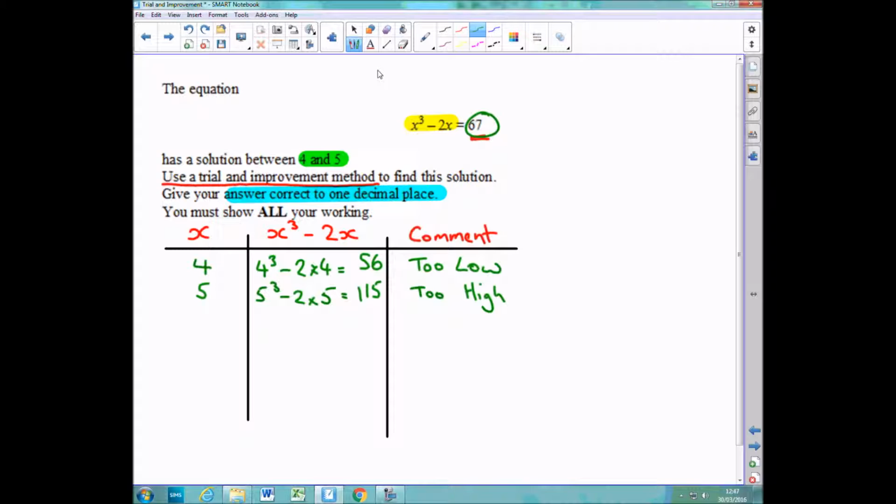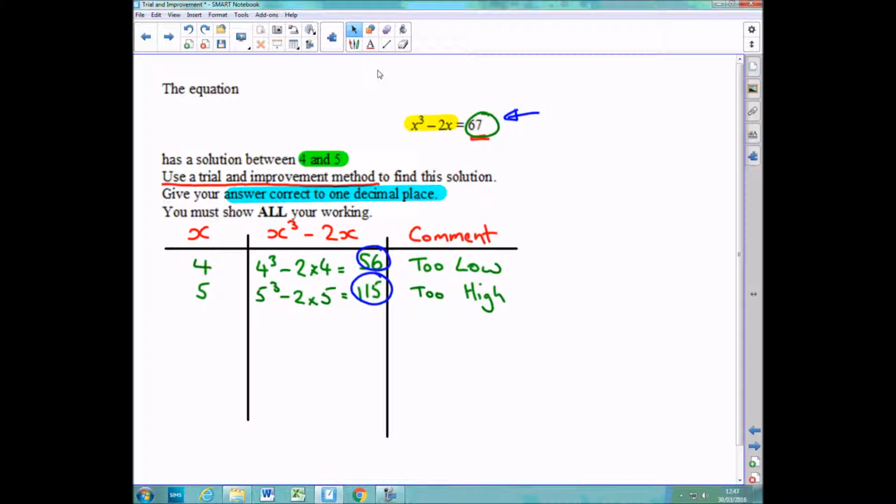Now that I've worked those 2 out, I need to start guessing my answers in between 4 and 5, so numbers of 4 point something. The reason I've worked out 4 and 5 is because it gives me a general area to guess from. Looking at the 2 solutions, I have 56 and 115, and I'm trying to get this 67.